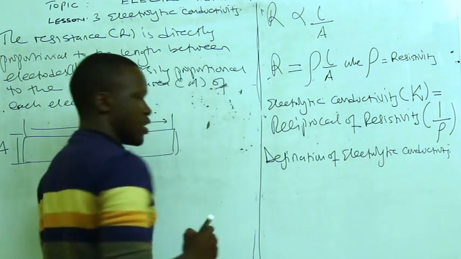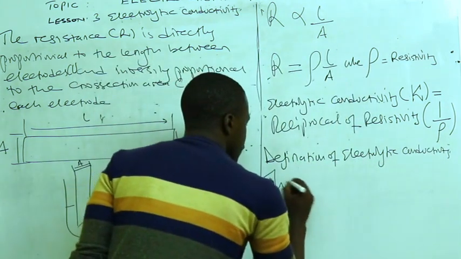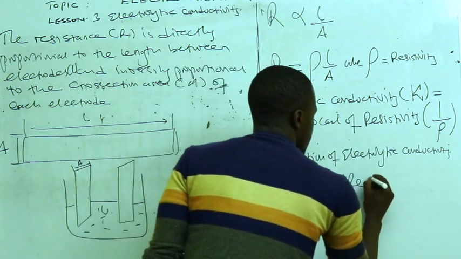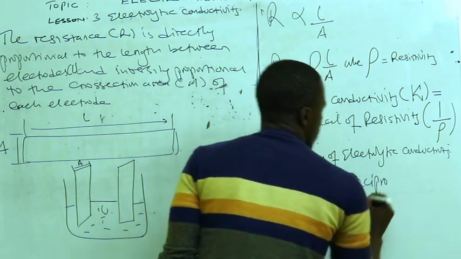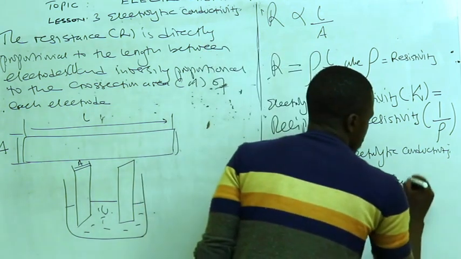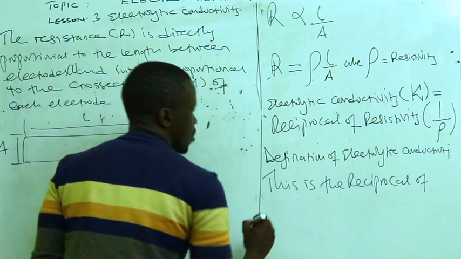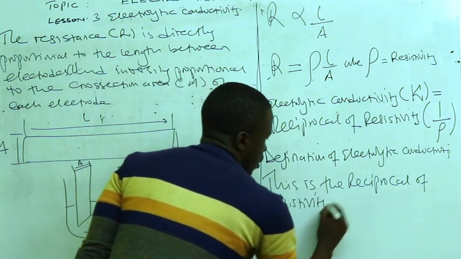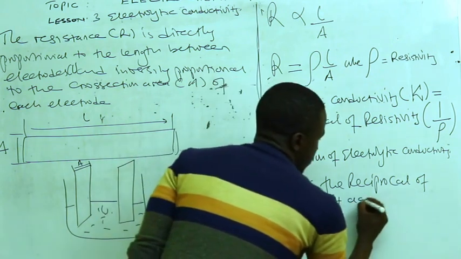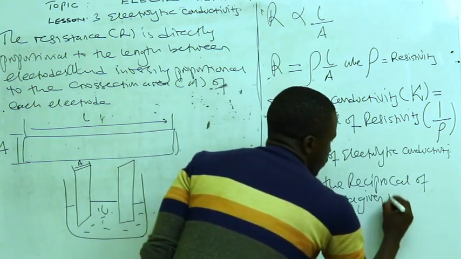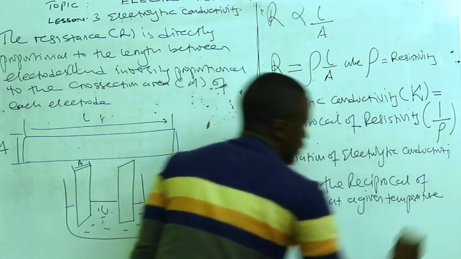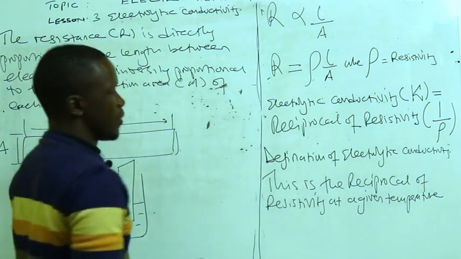We normally say that this is the reciprocal of resistivity at a given temperature. Temperature is one of those factors that would affect conductivity.